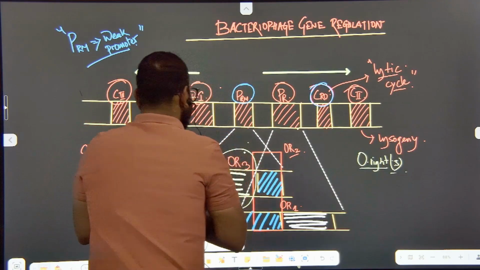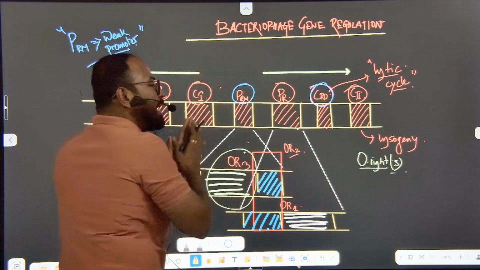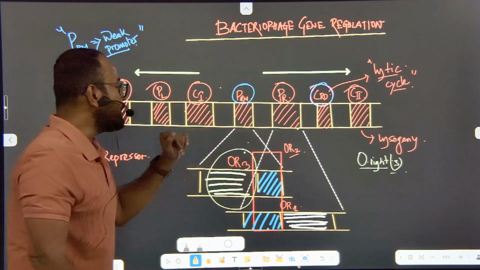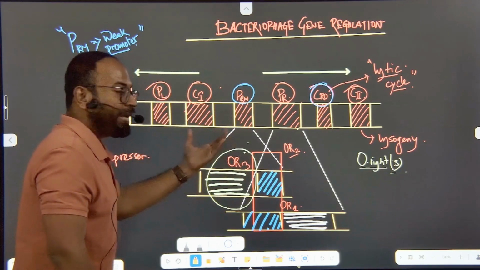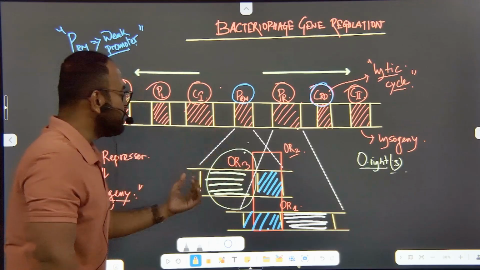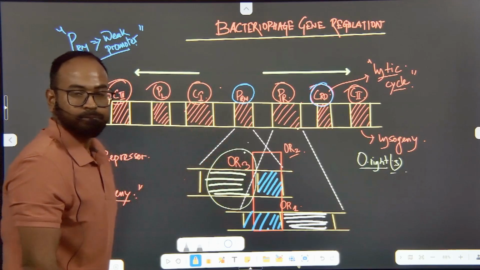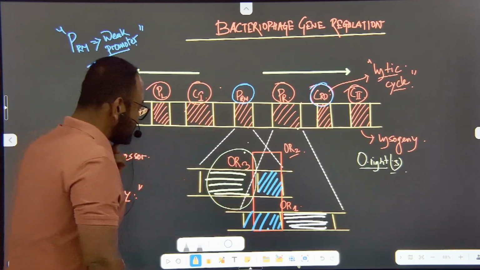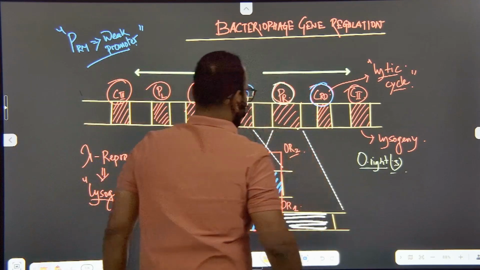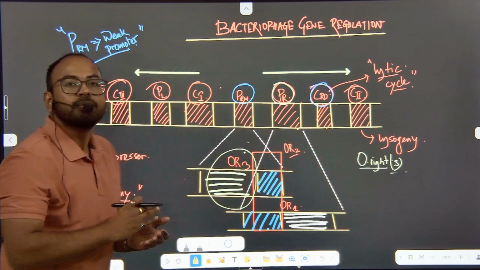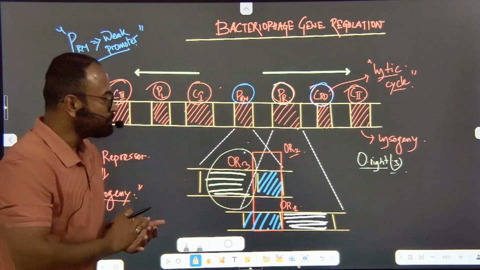On the other hand, for PRM, that means promoter for repressor maintenance, we have under PRM an operator site, which is OR3. As simple as that. Whereas PR is the promoter for right hand side.